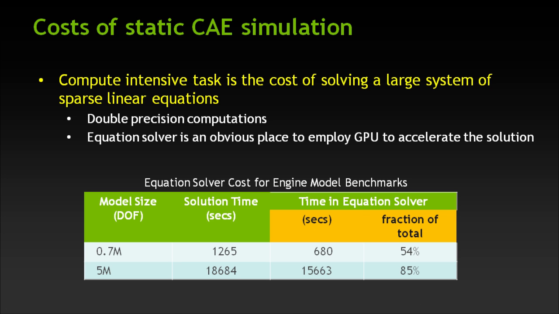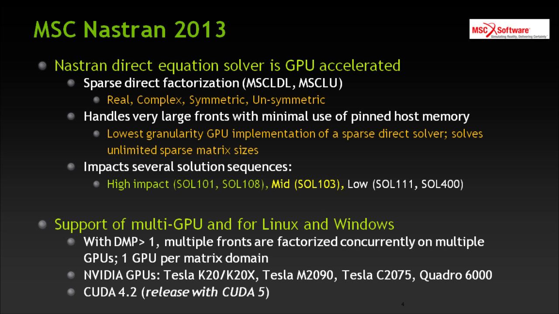Now, looking at a larger model, about 5 million degrees of freedom, the fraction of time spent on the equation solver goes up from 50% to 85%. So clearly, we are spending anywhere between 50 and 80% of the total time in the linear equation solver. And the larger the problem, the more time we spend on the equation solver. Now, this really makes the equation solution an obvious focal point for GPU acceleration.